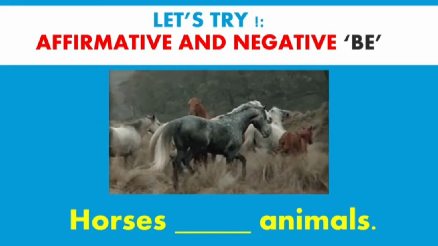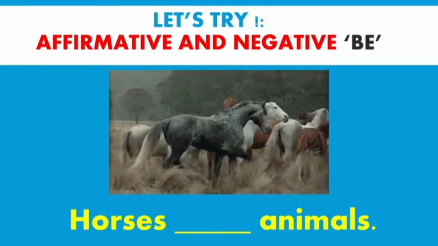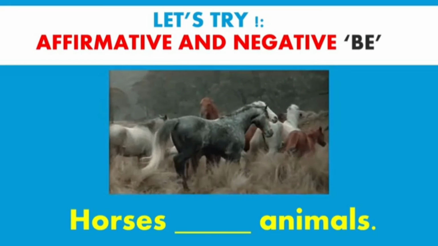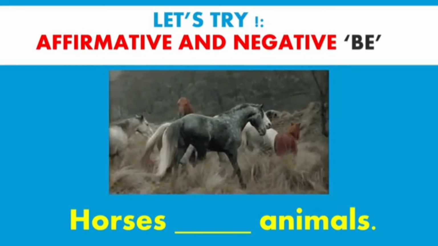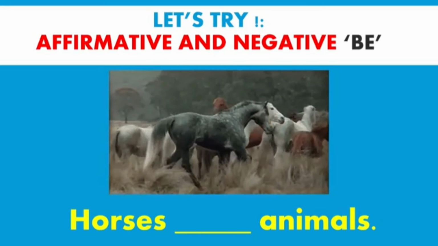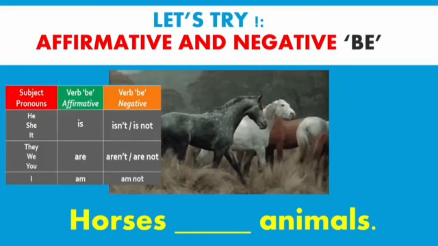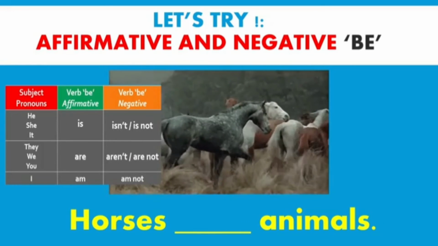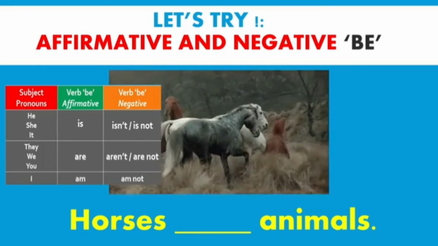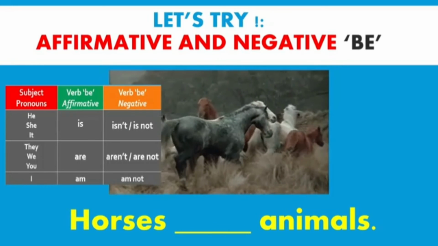Let's try an example for affirmative and negative be. If you see here, inside the picture, there is more than one horse. That is why I use horses. Now, horses, can I use he? Cannot, because he applies to only one person and must be a male. Can I use she?